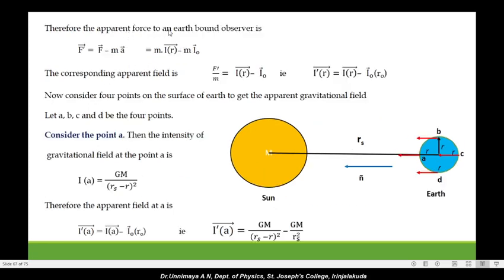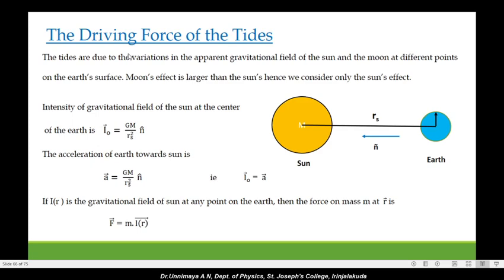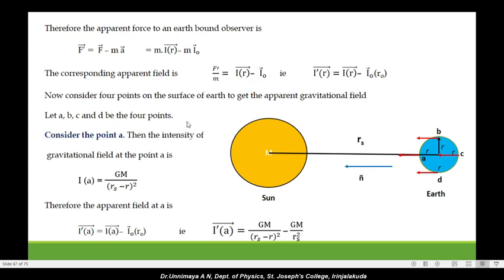Therefore, what is the apparent force to an earth-bound observer? The apparent force felt by an observer on Earth is F prime, which is equal to F minus ma. F is the gravitational force, the force on the mass m at a distance r due to sun's gravitational field, and ma is m into the acceleration due to this gravitational force.